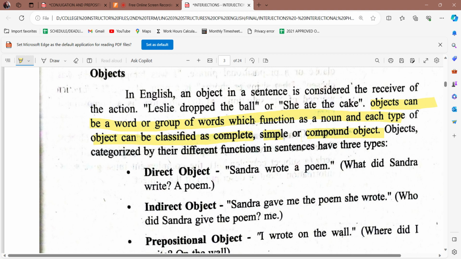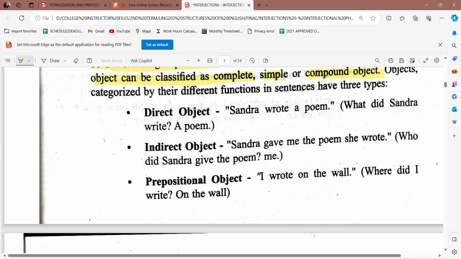I think we have already discussed the direct, indirect, and prepositional object, correct? So again, direct objects are the receiver of the action. Direct object answers the question who or what. Indirect object answers the question to whom or for whom.